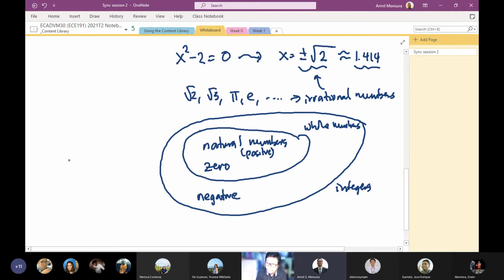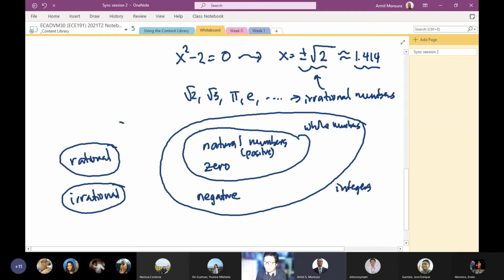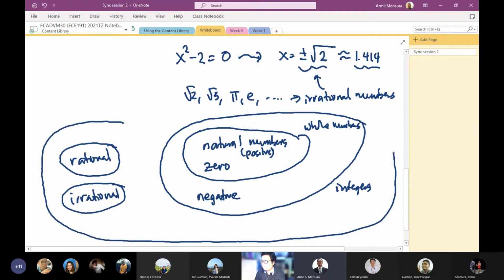Then we have here another set of numbers, the rational numbers. That's another set on its own. And then we also have irrational numbers, which is another set of its own. Collectively, these are all of the numbers that we have known so far.